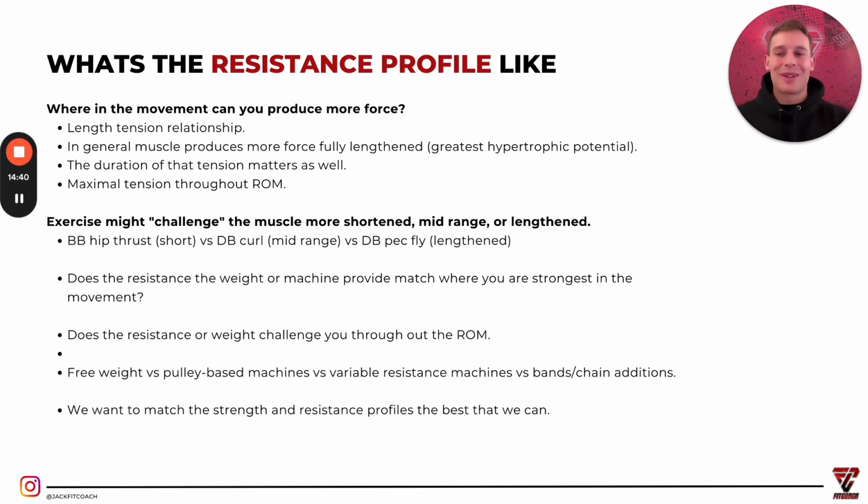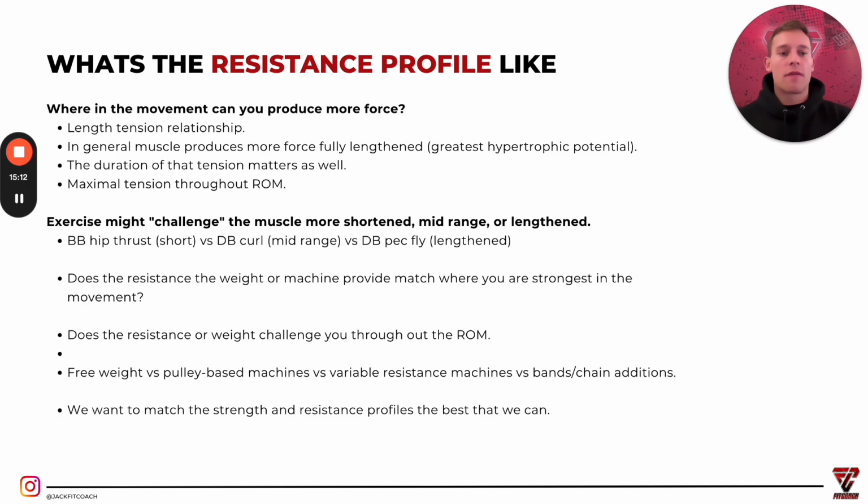Now, this concept is closely tied to the length-tension relationship of muscles, which dictates that muscles generally produce more force when they are fully lengthened. So in our incline dumbbell press when the pec is fully lengthened and the dumbbells are almost touching my anterior deltoid. Or, as another example, in our barbell back squat, when you come down into the hole and you pause for a second or two.